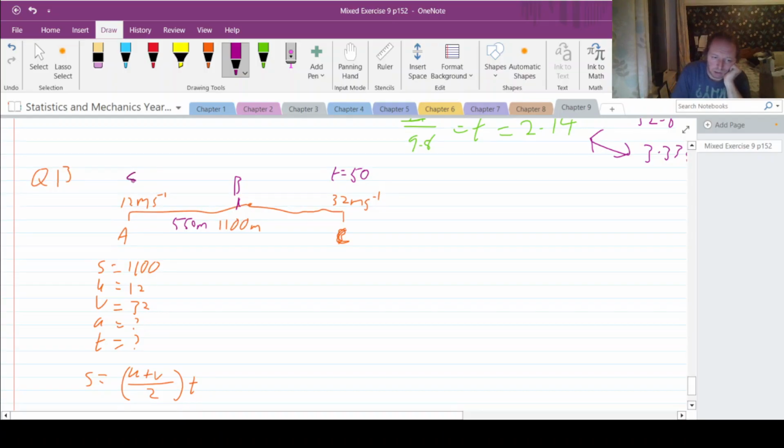Do we need to do? Is it not just going to be 32 take away 12 divided by 2, which we've just said is 11, and 12 plus 11, which will give us 23?